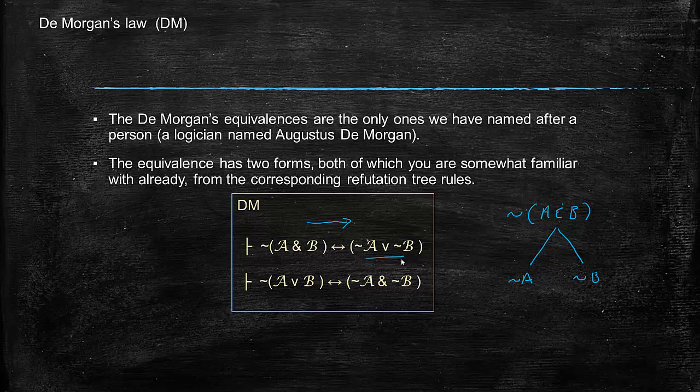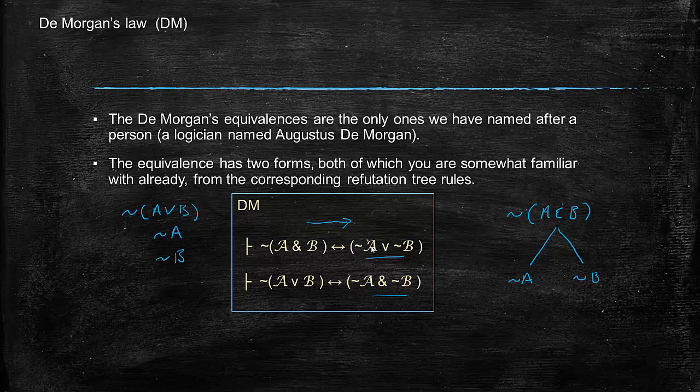Which is what we've got right here. And also you'll remember that we would take the negation disjunction rule, not A or B, and we would apply that to get not A and not B, which is what we've got here.